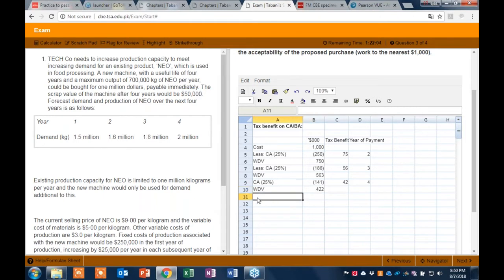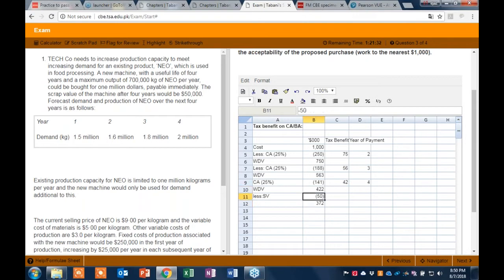So in the last year, we will just subtract this scrap value from the WDV, which is 50. And whatever is left will be claimed as tax depreciation. But since this tax depreciation is not calculated at the 25% rate, it is not normally called capital allowance, it is called balancing allowance, as it is a balancing figure.